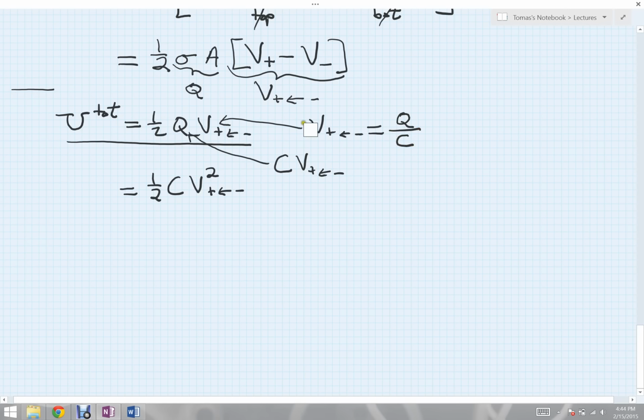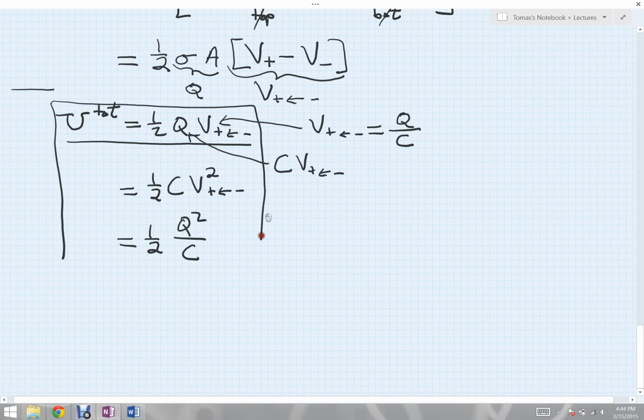And if I substitute this in for voltage, I'll have 1/2 Q times, and when I substitute in this way, I'll have another Q on top. So it would be Q squared divided by C. So that's my other formula. It can also be written as 1/2 Q squared divided by C. So we now have our 3 standard famous formulas for the energy stored in a capacitor, this new type of electrical energy storage device.